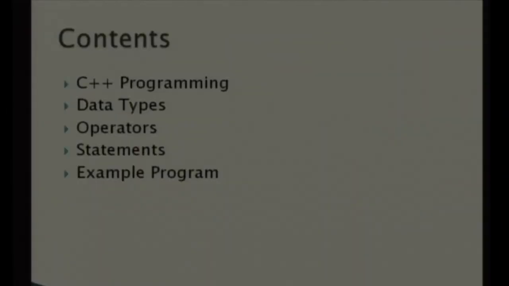In this session, we will try to revisit what we are going to use in C++ programming as basic constructs. We will try to define what C++ programming means for us as a student, and C++ programming in general. Then we will discuss some basic data types available in C++.